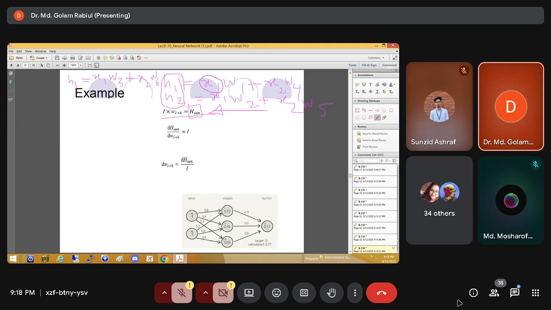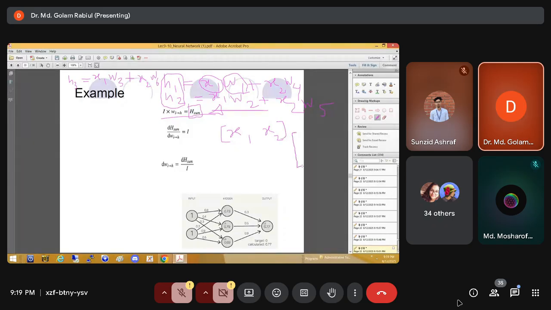These are our inputs, and we have multiplied them with W. So input times W. If we consider the input as a vector, and W as another vector, this input vector is our x1 and x2.